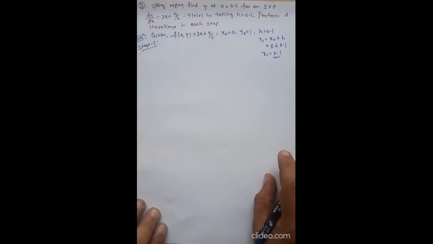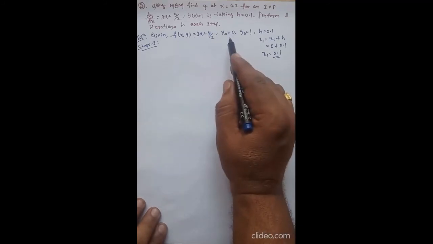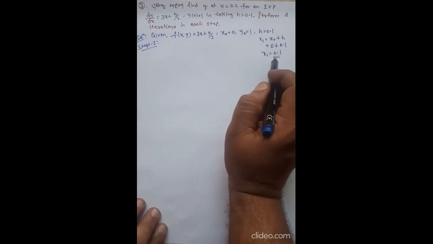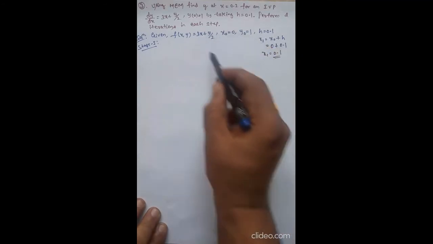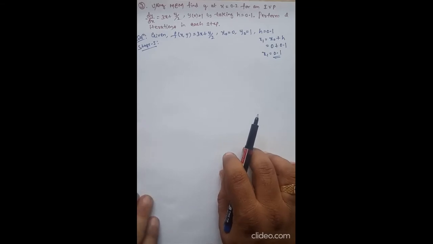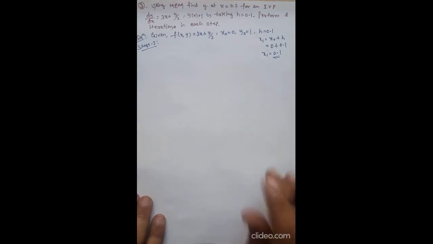In stage 1, I'll use the data given here: f of x comma y, initial conditions x naught, y naught, that is 0 and 1, h is 0.1 and x1 is 0.1. Using the data we have written here, let us find the answer like in the last problem, and then we'll think about the second stage. Now we know according to the procedure, the first step is to calculate the initial approximation using Euler's formula.